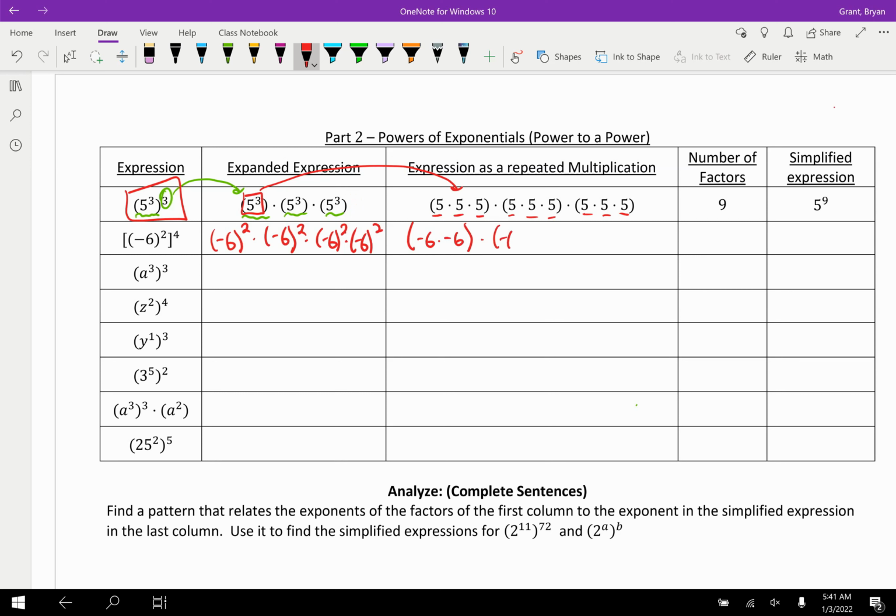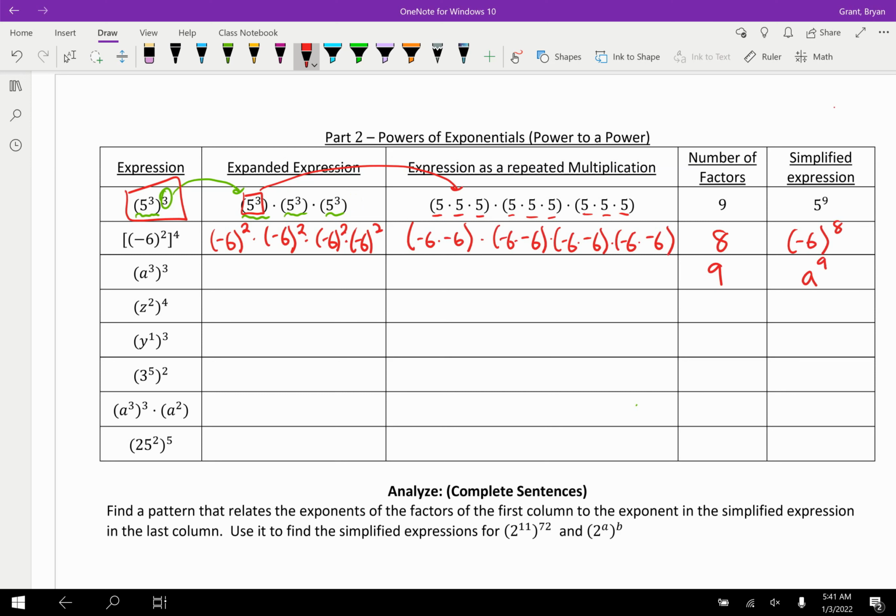There's 1, 2, 3, and 4. And when you write them out, you should see that there are now 8 factors. There are 8 negative 6's multiplying together, which means, and you do need parentheses, we can write this as negative 6 to the 8th.